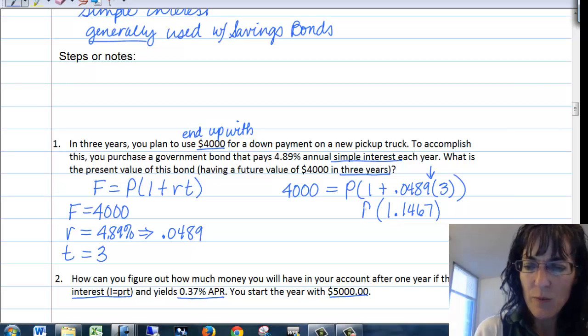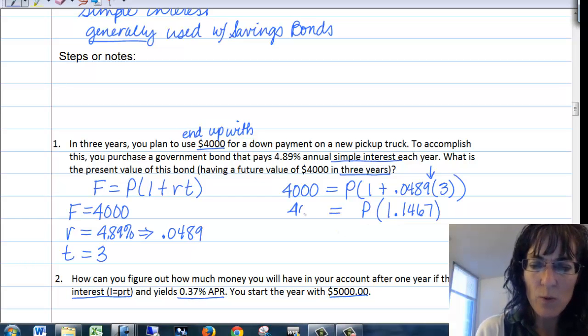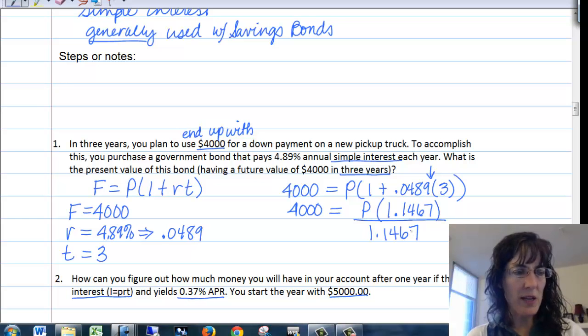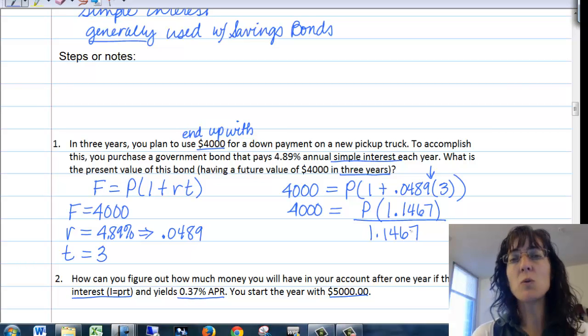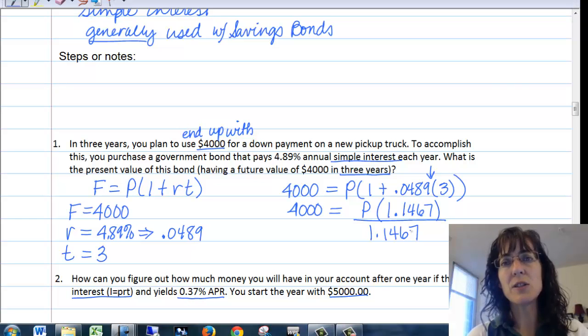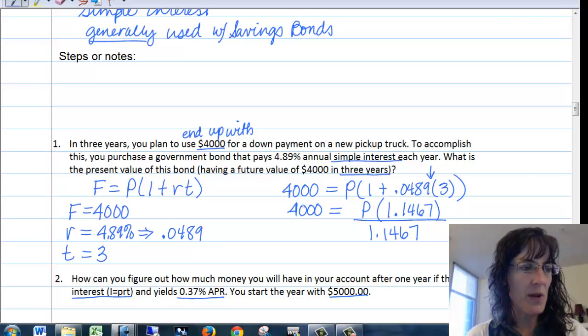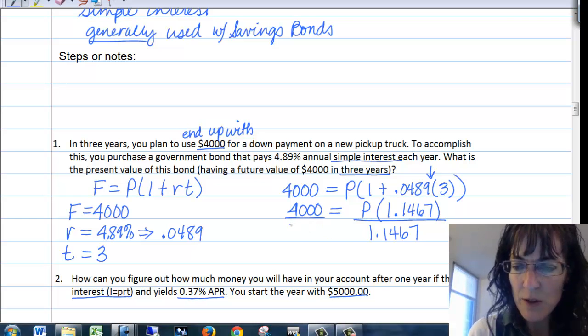And then I have P times that quantity equals 4,000. And then I want to go ahead and divide both sides by that 1.1467. I can store that in variable A if I want to, or since it terminates, I can just write it down and retype it. That's not a problem. And then I want to do 4,000 divided by, and I'm going to recall from A, or type in the 1.1467 and then enter.